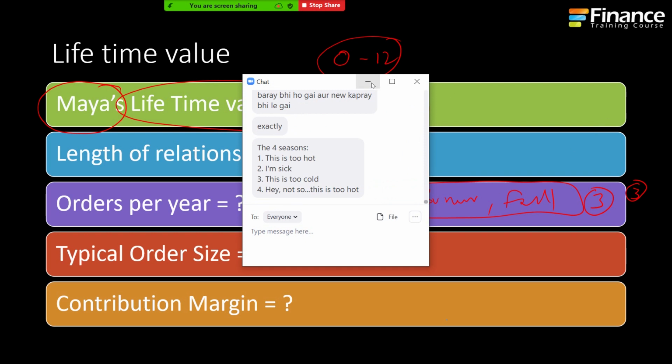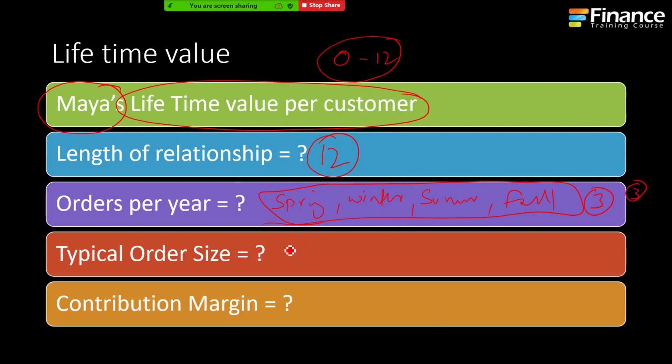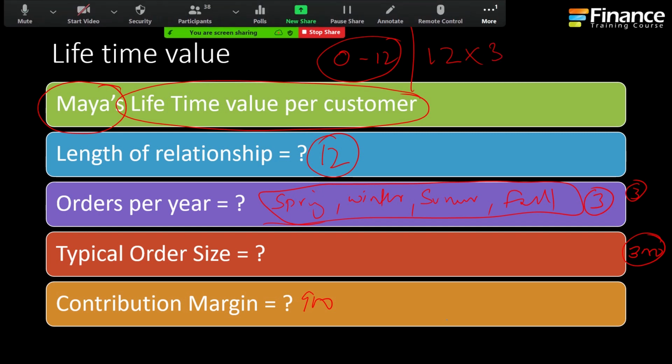Alright. So then the typical order size is about, that's the number that we looked at earlier, about 3,000. And then your contribution margin per order is about 900. So if I do this math, I'm saying 12 years into how many orders? 3 orders, into, what's the contribution margin?